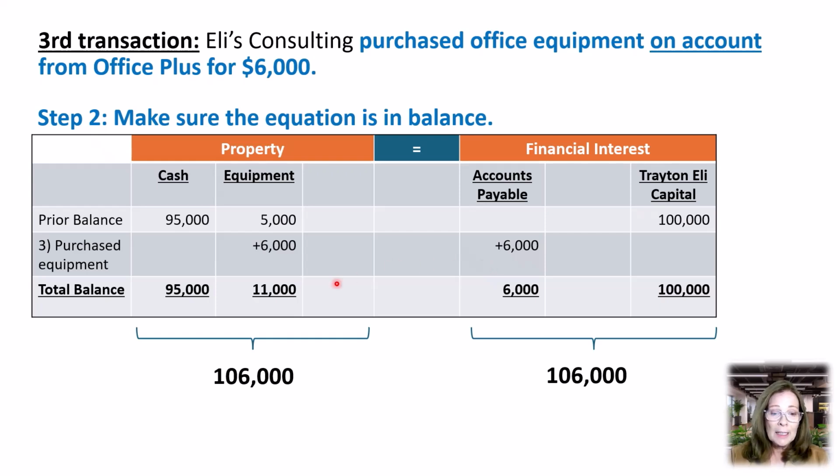Let's calculate our new balance: $95,000 in cash, which is unchanged, and $11,000 in equipment equals a total of $106,000 in property. And the financial interest side shows accounts payable of $6,000 and capital of $100,000 for a total of $106,000 of financial interest. So do both sides of the equation balance? Yes, they do.